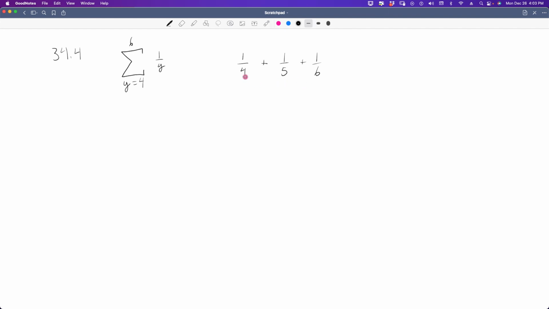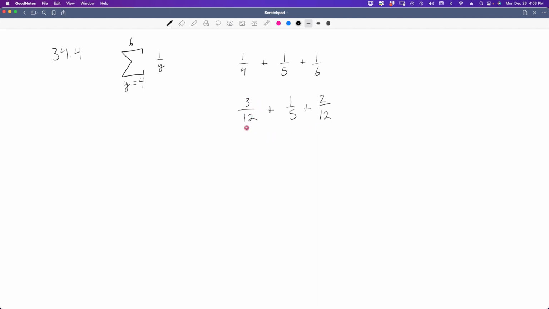All right, so first I'm going to look at the 4 and the 6 because I know that their common denominator is 12. So 3 times this, so it's going to be 3 over 12 plus 1 over 5 plus, and then 2 over 12. All right, now looking at the 5 and the 12, 60 is going to be my common denominator.